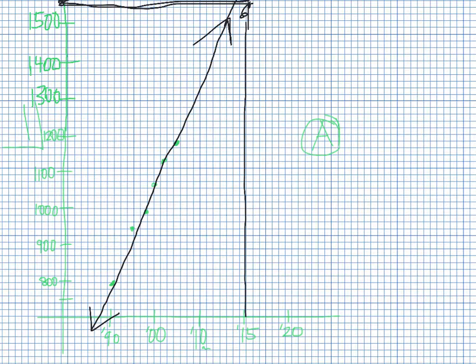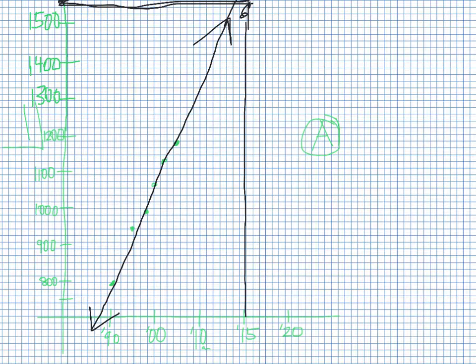So it says to make a prediction. Well, for my line of fit, my prediction is around 1600 in the year 2015. The book says around 1480 because their line of fit hits that line in 2015 around 1480.